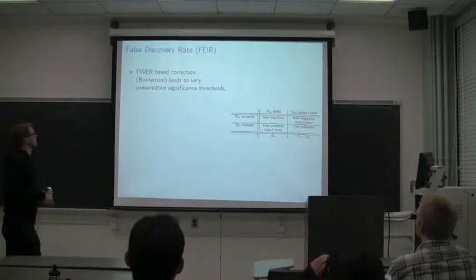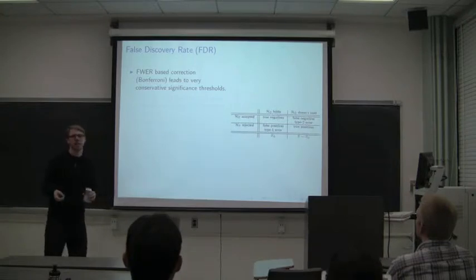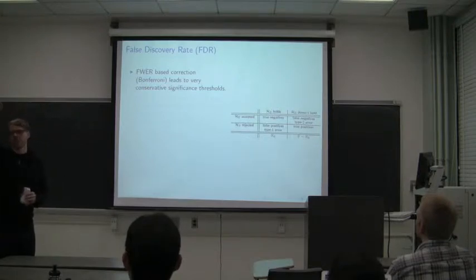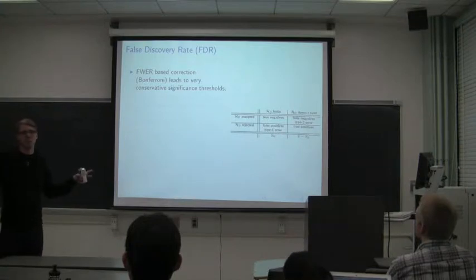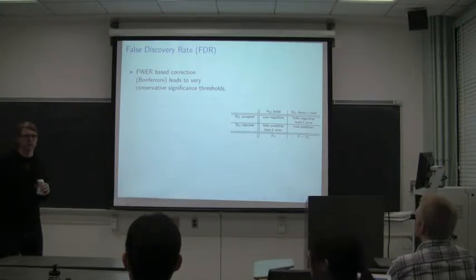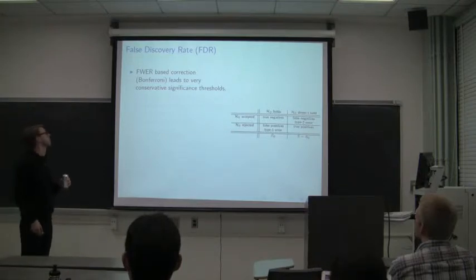Well, the problem is that in practical settings this is often very conservative. So basically going from a significance level on each test to a significance level that says, in my 1 million individual tests, I don't want a single mistake. That is pretty drastic.